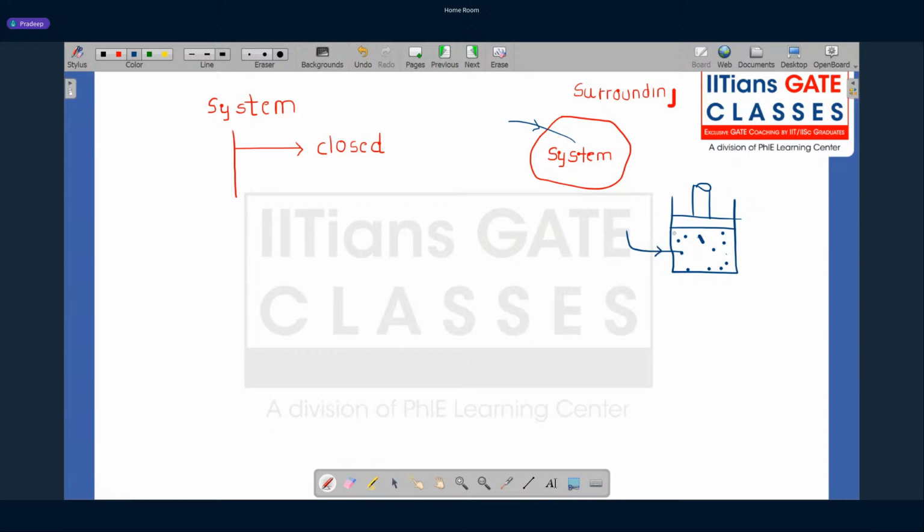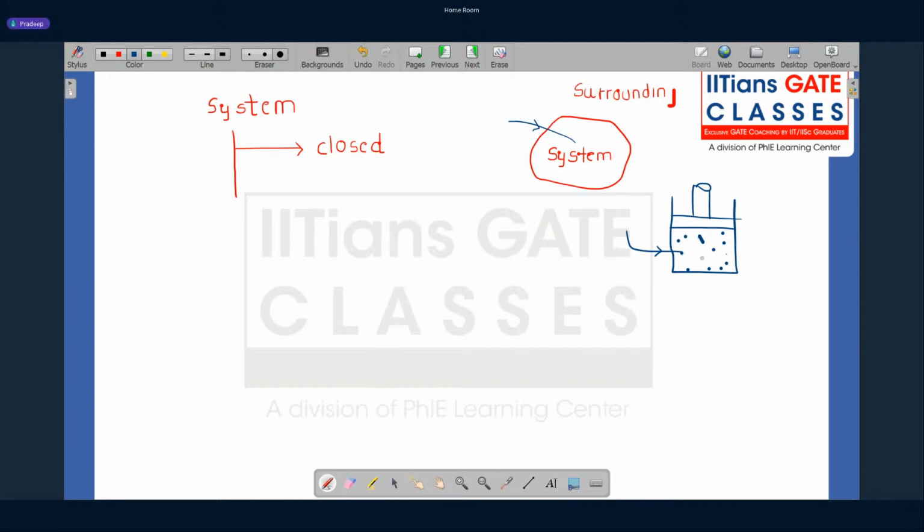So this system, which is our gas, which we are focusing our attention on for the purpose of analysis, is a closed system because no mass transfer can happen. No mass can come inside, and no mass can go outside. So this is an example of a closed system.